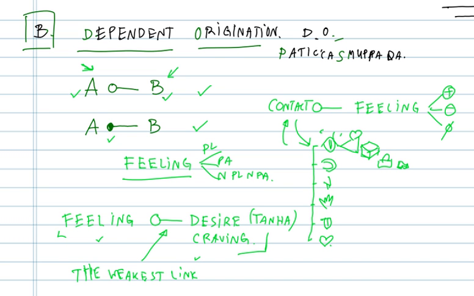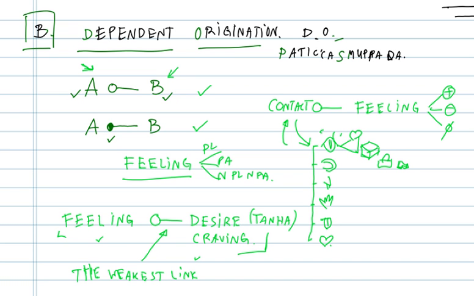I'm going to use this sign, a circle and a line connected together, to represent the relationship of this and that, which in this case is A and B. The bright circle is an arising relationship. The black circles and the line represent a cessation relationship.